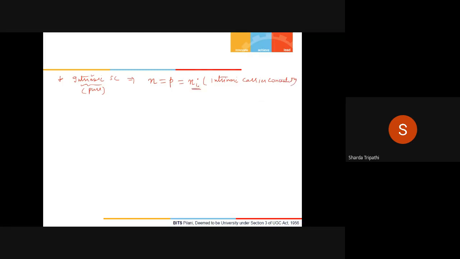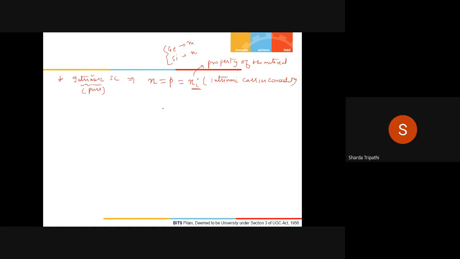And this intrinsic carrier concentration is actually a property of the material. What do I mean by that? We said that there can be two typical examples of semiconductors: germanium and silicon. So for germanium, Ni will have some value, and for silicon, Ni will have a different value.